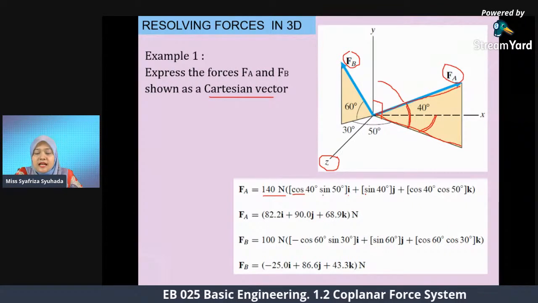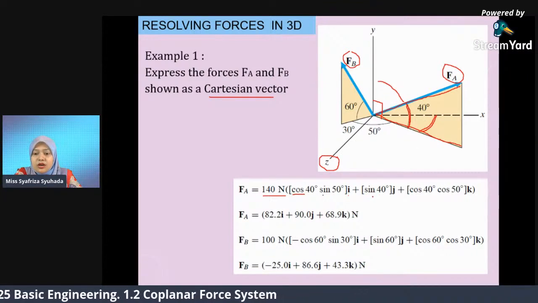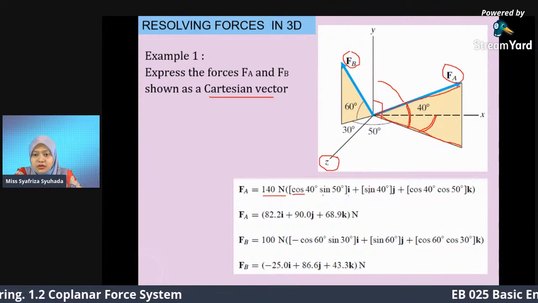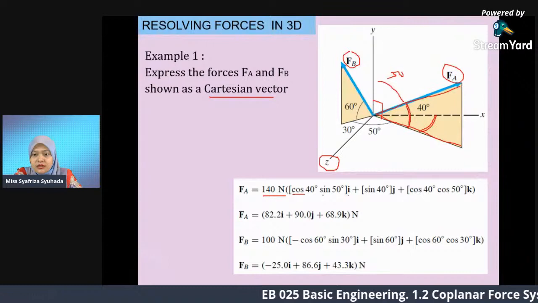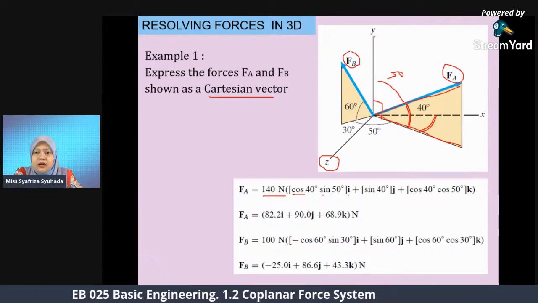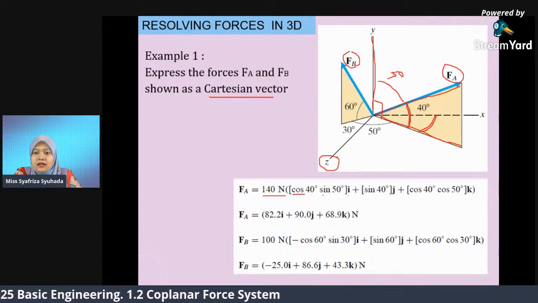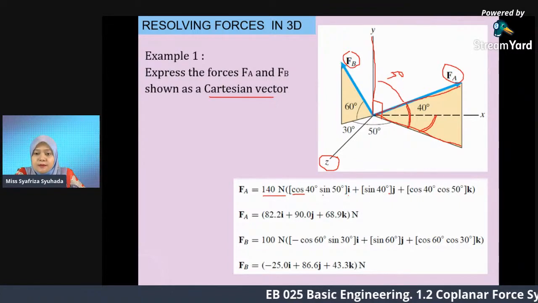Sebab itu sin 40 darjah. Ataupun kita boleh pakai cos 50 darjah. Sama juga. Okay, sebab di sini adalah 50 darjah. So FA kita nak ke menghampiri paksi Y. Sudut tidak diberi, kita ambil sudut bertentangan, sebab tu it becomes sin 40 degrees J.